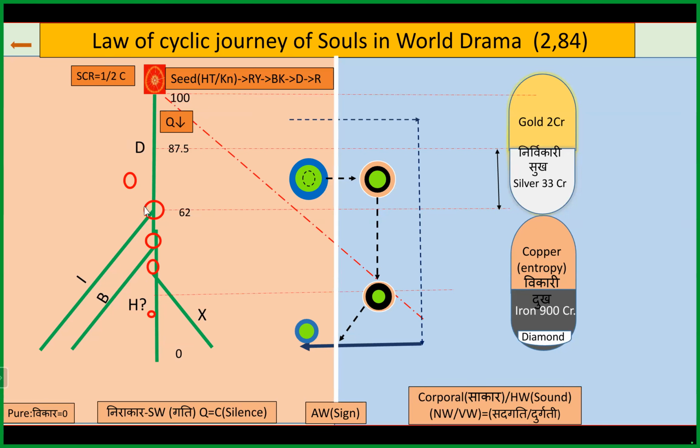We can see that in the inverted tree, the souls are in descending order of power. The soul here will have more power, and the soul here will have less power, a shorter queue. And this queue becomes the length of the script. So here the length of the script is higher, and here it is lower.